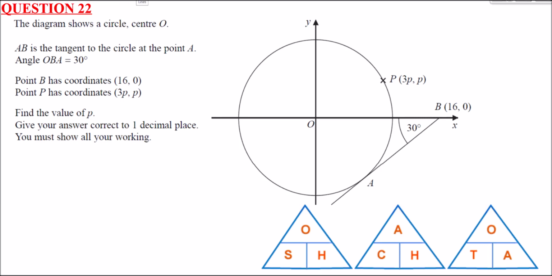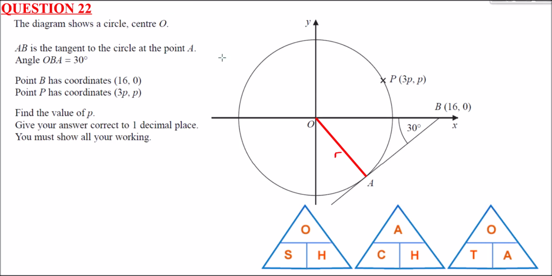What we need to remember here is that a tangent will meet the radius to the circle at a 90-degree angle. So what I can do here is just draw on this red line, which is going to be a radius. So I'll just call this R, because obviously R for radius.